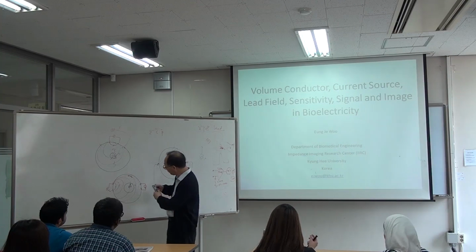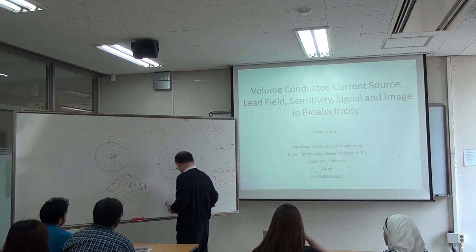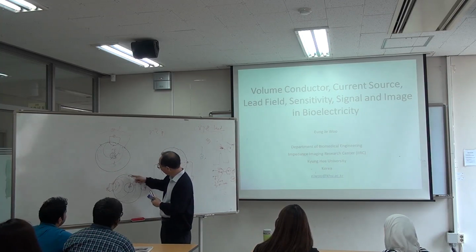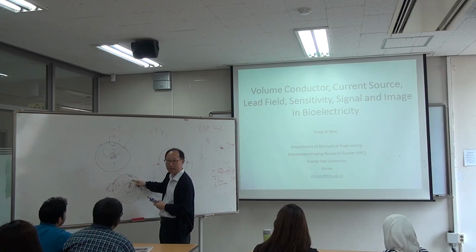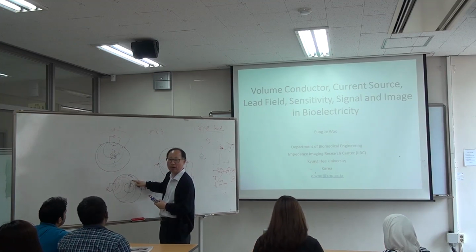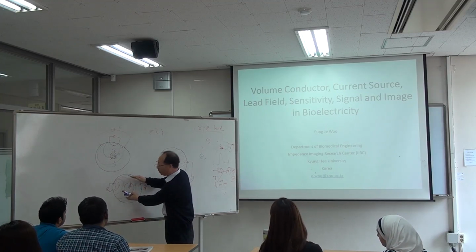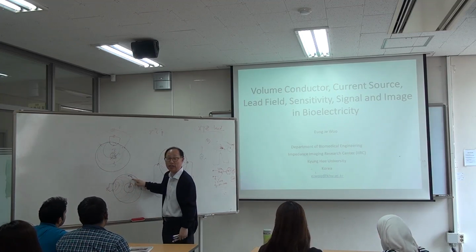But if this person has a very large blood vessel, let's say I chose somewhere here where we have a negative value. And blood vessel is increasing, which means the conductivity there increased.